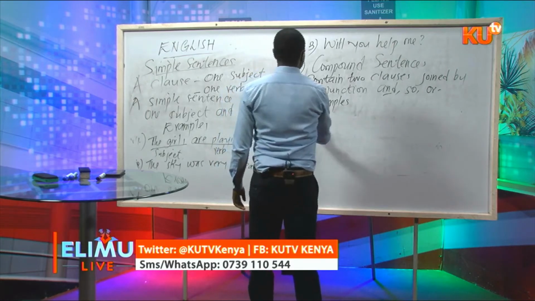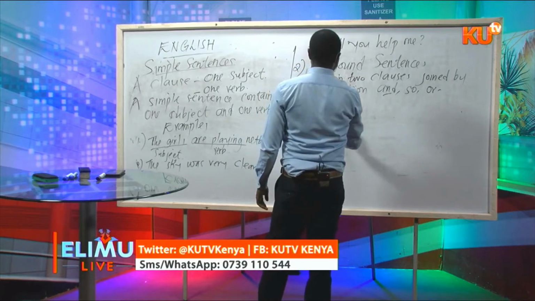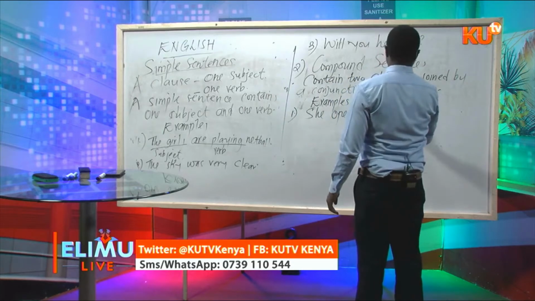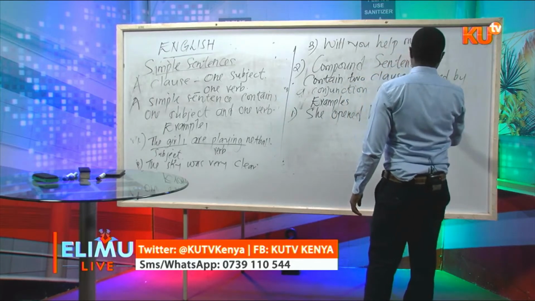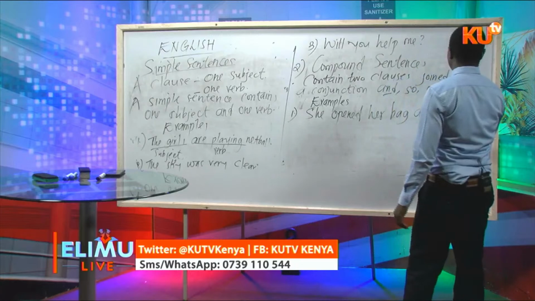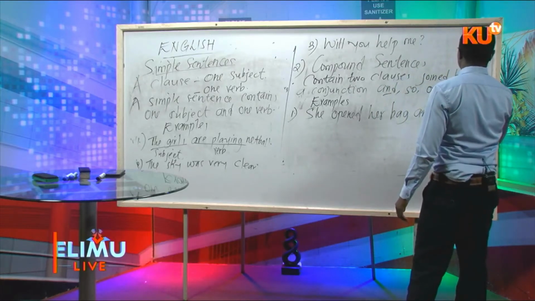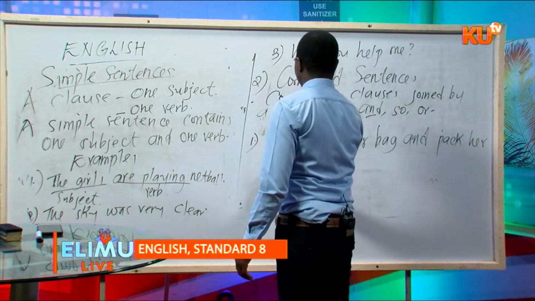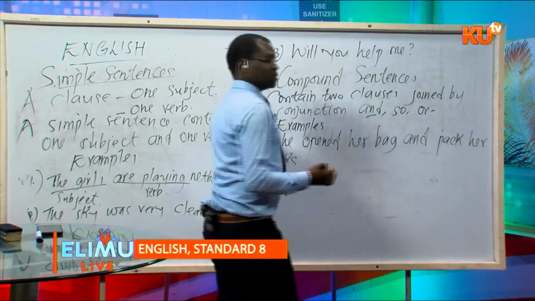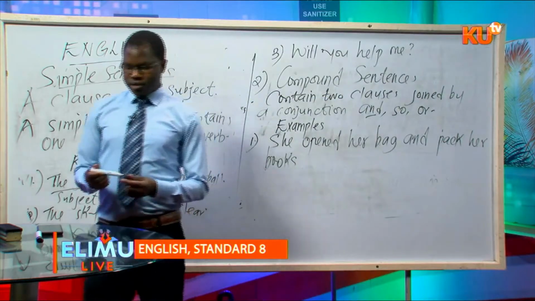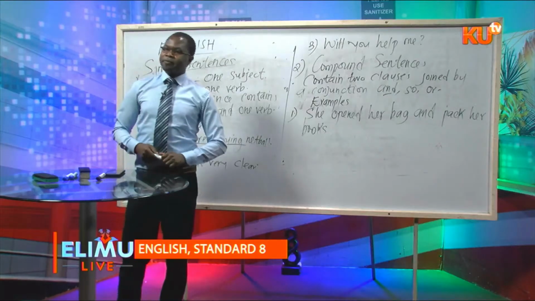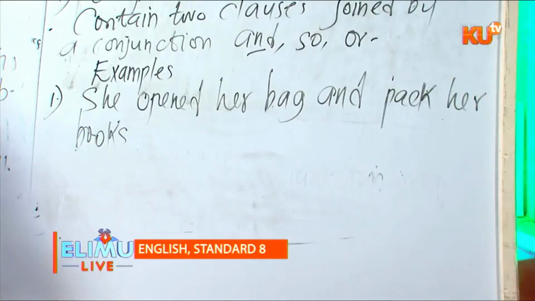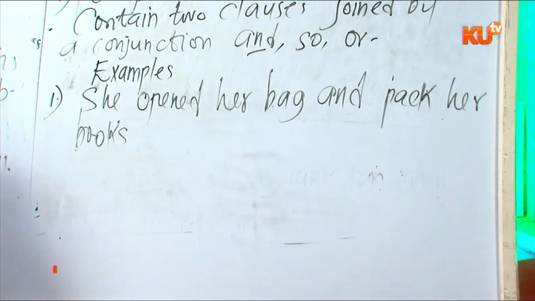This is an example of a compound sentence. She opened her bag is the first clause, joined by and, then the next clause, packed her books.